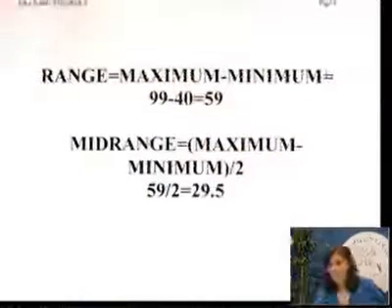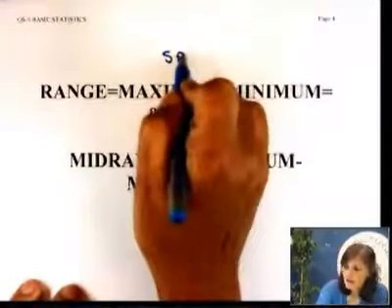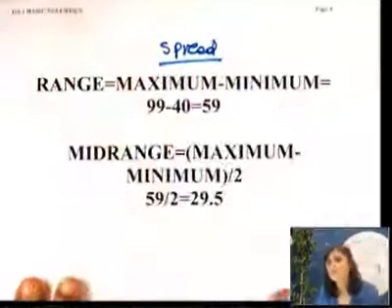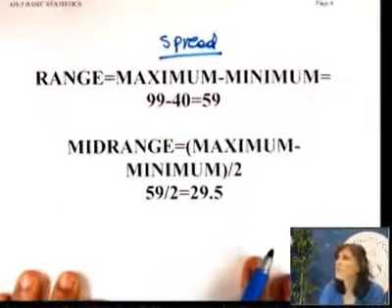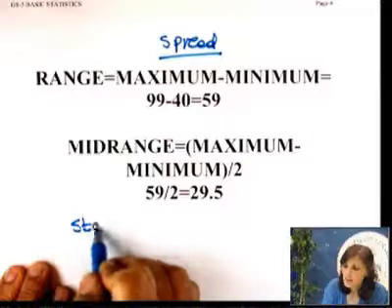The second thing is the spread of the data. The spread of my data can be measured by something you're going to see in a stats class: the standard deviation.